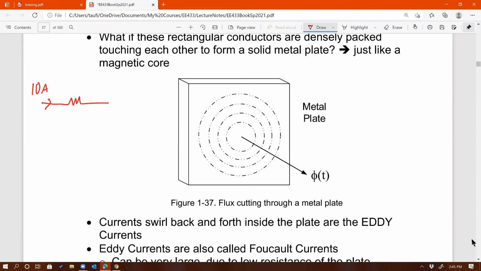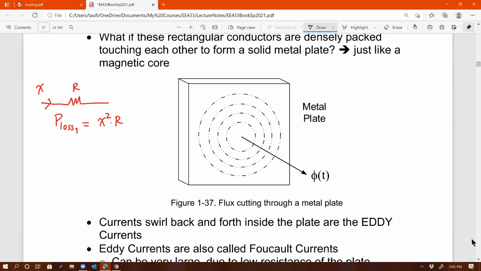Actually, let's use X amps. And let's say that the resistance of this wire is R. What is the loss here? Call it P loss 1. That's equal to X squared times R. Yes, I squared times R.